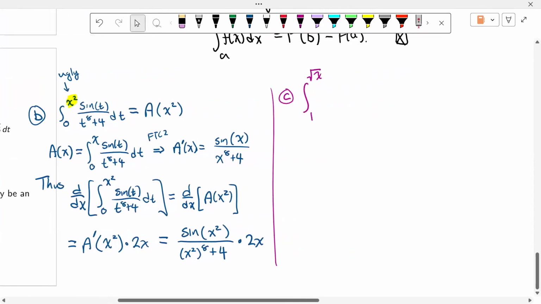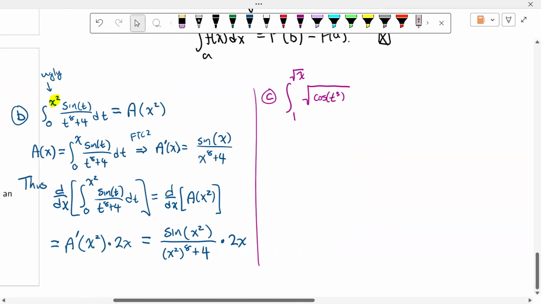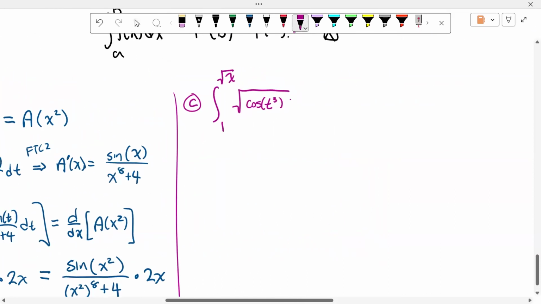Square root of cosine. There we go. So here, the ugly thing is right there. You see that nice and ugly?